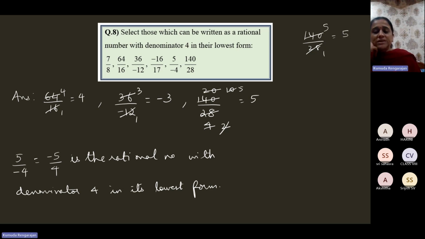Lowest form meaning simplest form. How do you arrive at the simplest form for a rational number? You should reduce it if the numerator and denominator have a common factor.